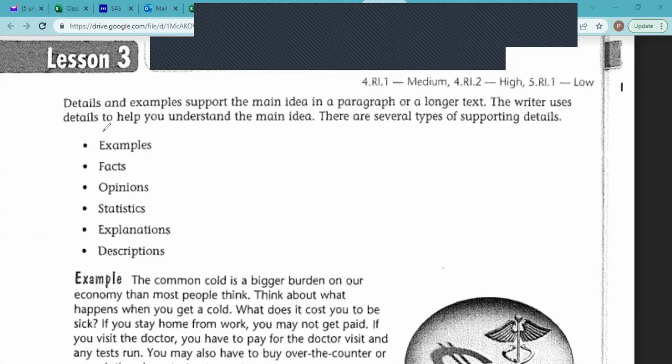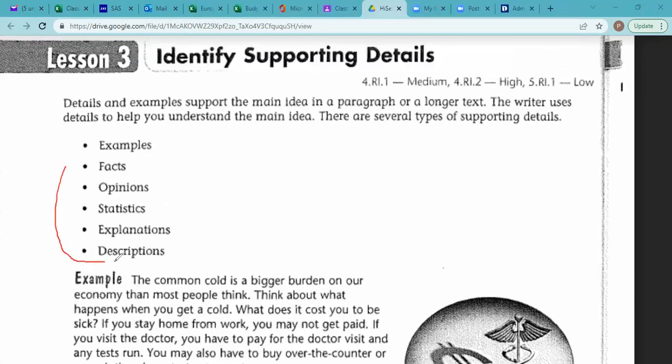All right, here are the different words we're going to be looking at. Examples. Sometimes people will make a comment and say, for example, or someone will say, can you give me an example so I can understand a little bit better? Facts. Sometimes facts could include even some numbers.